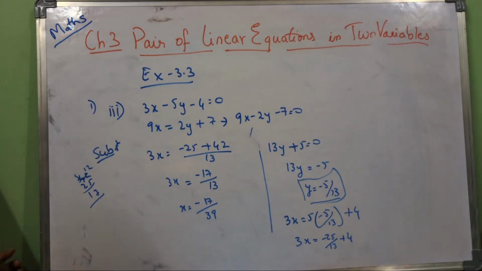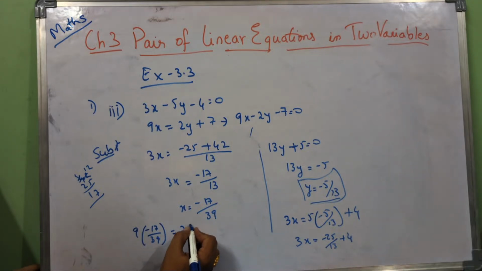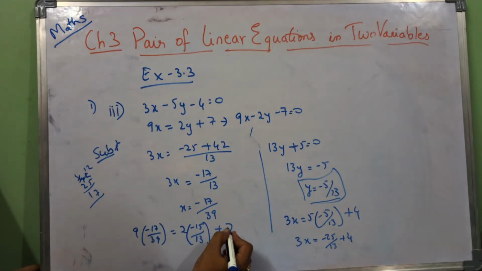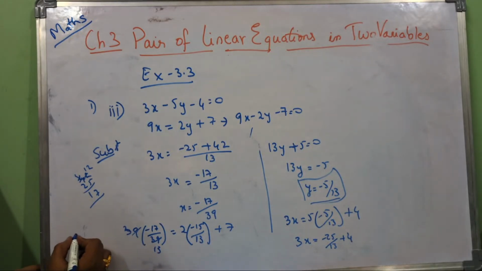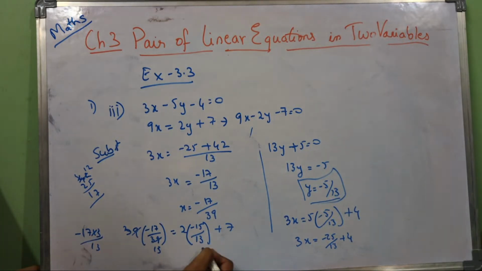Let's use the second equation. 9 into the x value, by 13. That is the right side.